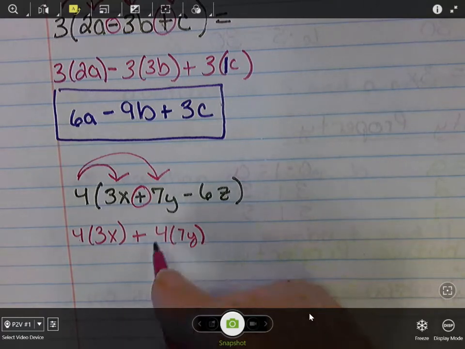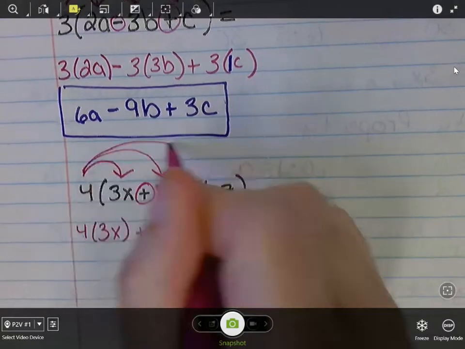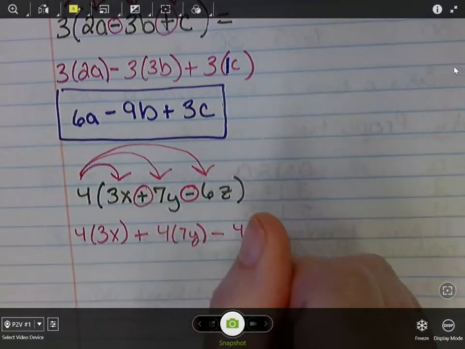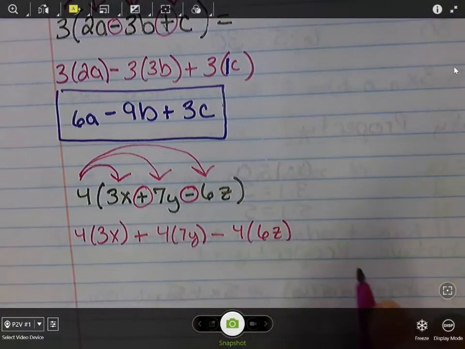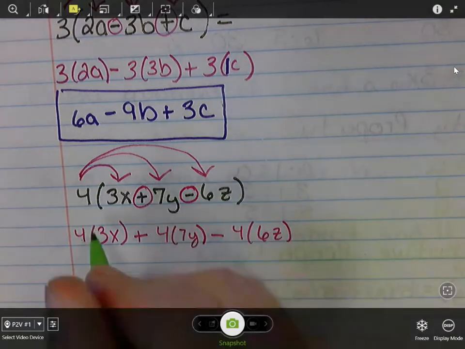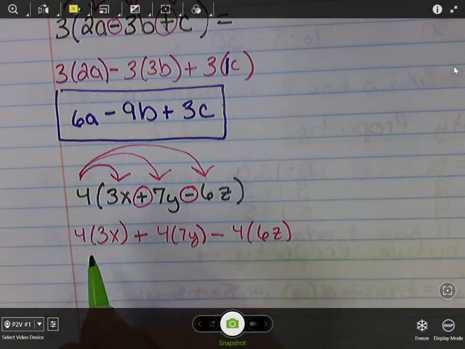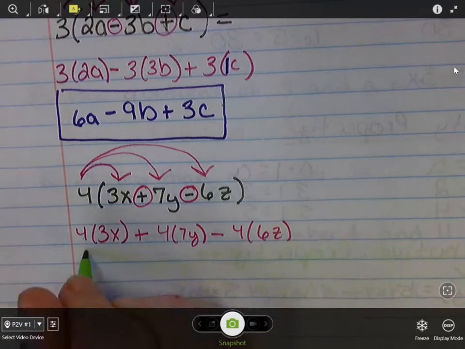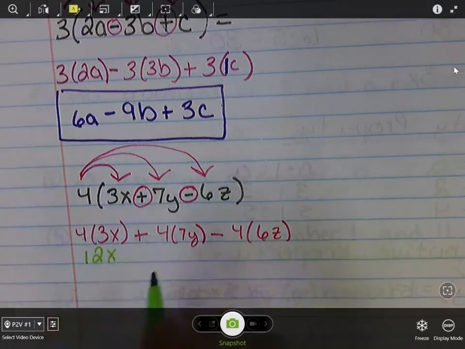Okay. Well, and then we do 4 times 6z. Okay. All right, so now we do 4 times 3x. Chase, what's 4 times 3x? 12. Okay, so don't forget the x, that'd be 12x plus.